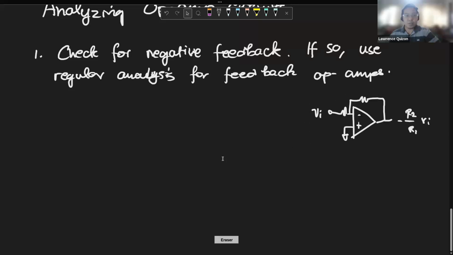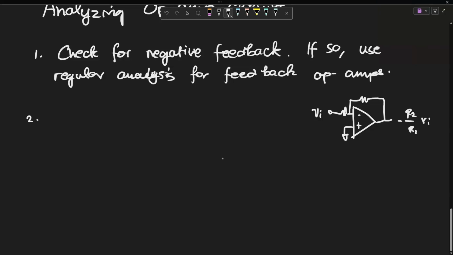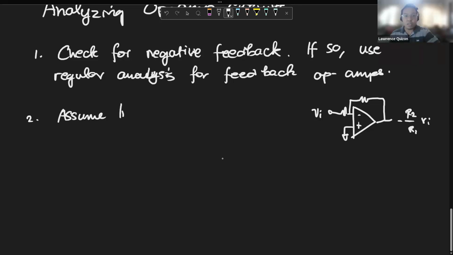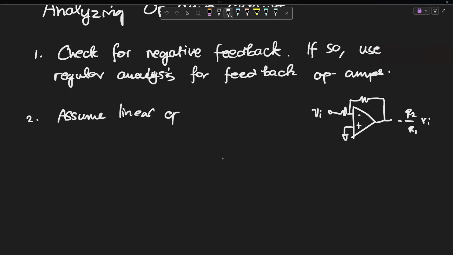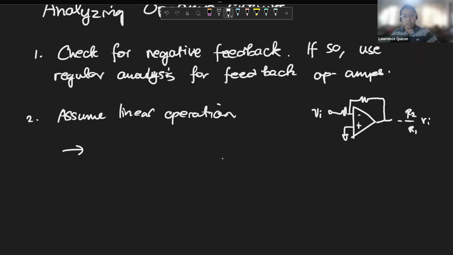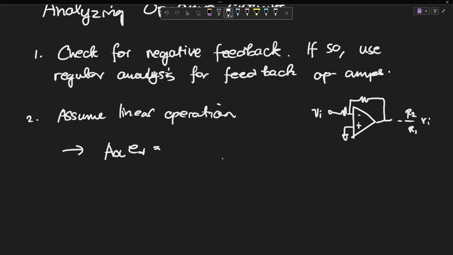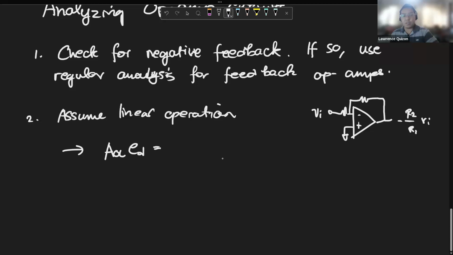Next is, no, once we're sure na hindi negative feedback yung nangyari, then we assume linear operation. Now, ano ba tong linear operation? Itong linear operation is when we can compute the gain as open loop gain times the input, no? That's times the input voltage, which is ED or V in, and assume that that's V out, no?